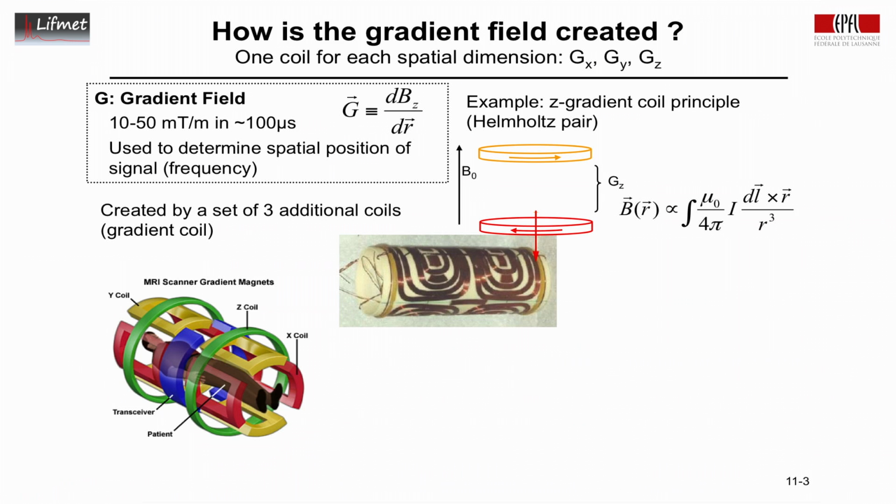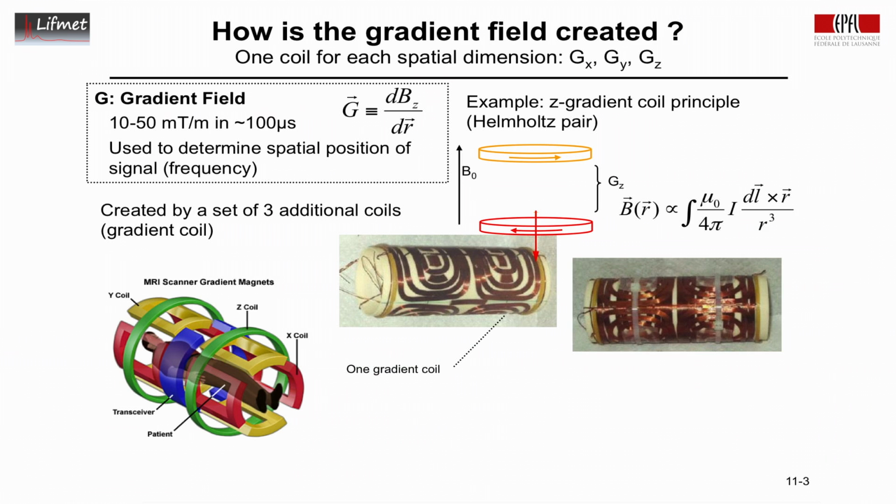So what does this look like in practice? In practice, one has a former, and then the coils are wound in copper on top of this former. This is a coil that corresponds to the X coil. Here is a single gradient coil on this structure. If we look at the complete gradient coil, then we have the complete structure, all the coils wound on top of each other.